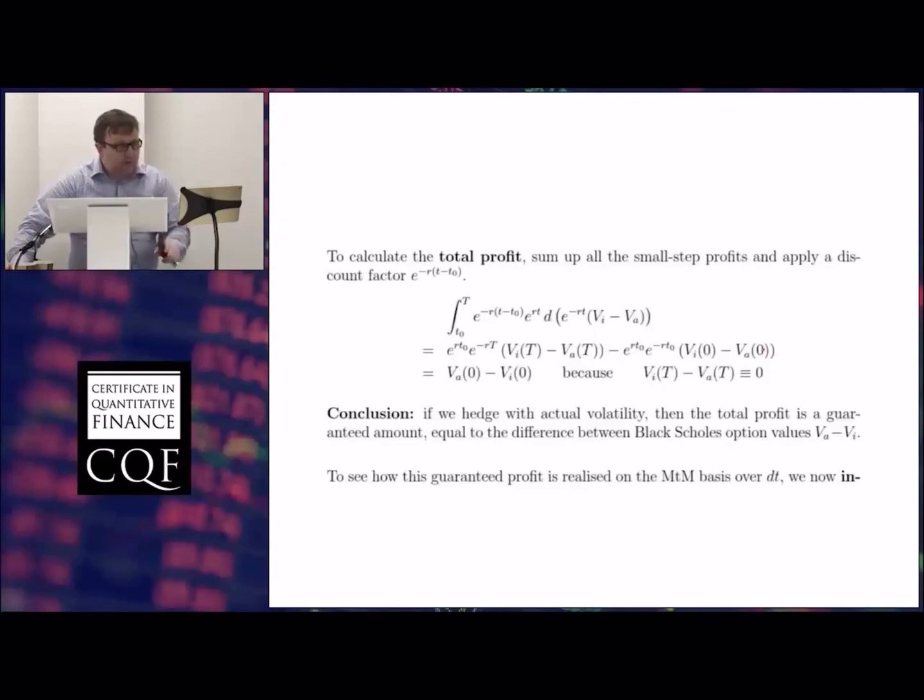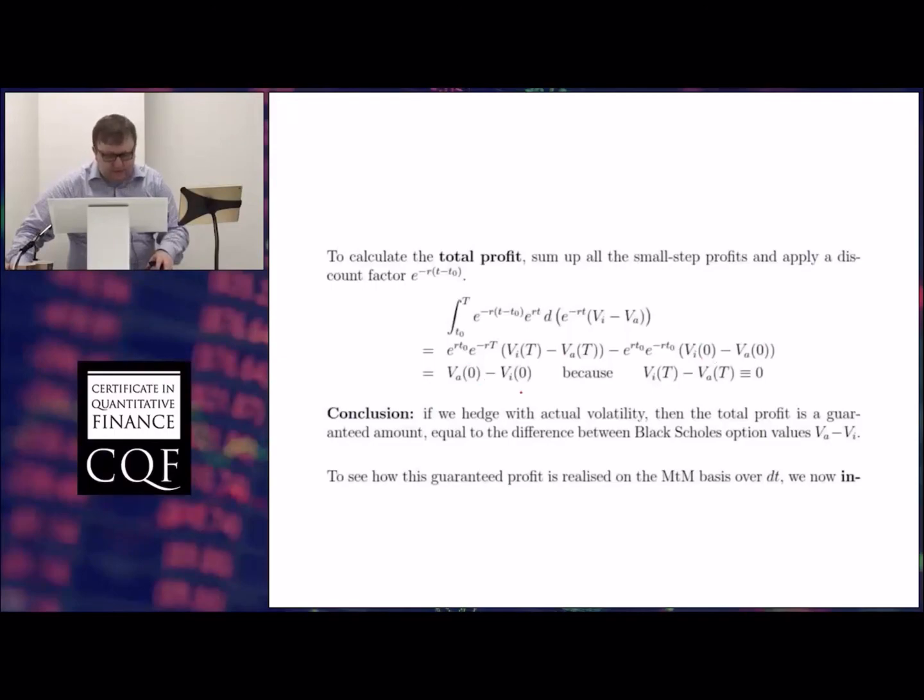Again, very simple integration because it's just canceling over the d. But because of the limits, we have Vi T minus Va T, so Vi minus Va, and then we have Vi 0 minus Va 0, because the limits are T0 to T, so the larger or final limit minus the initial limit.